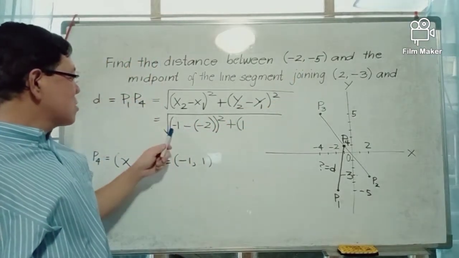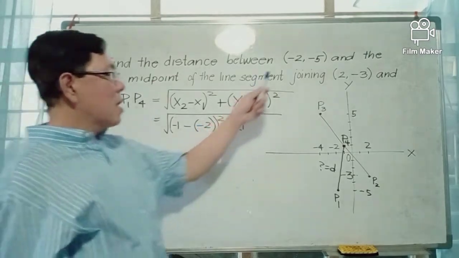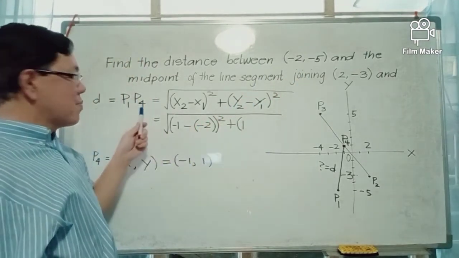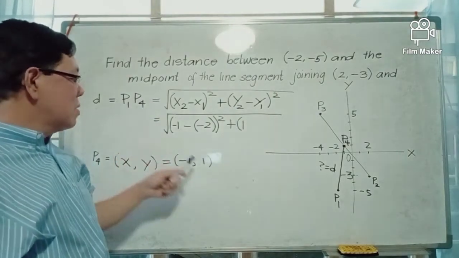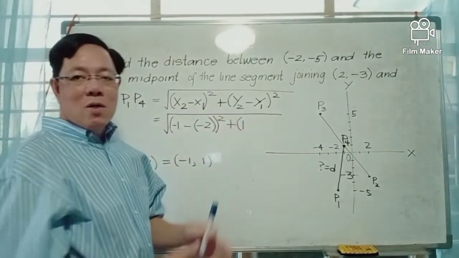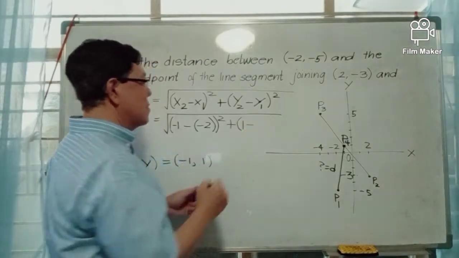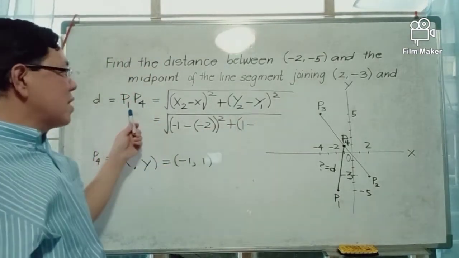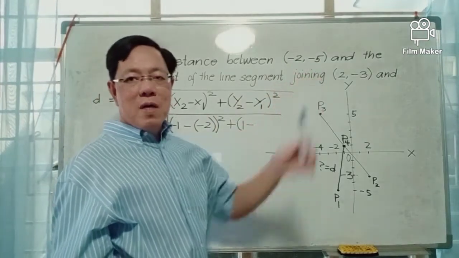We have -1 minus -2 squared, plus the ordinate of our second point P4, +1, minus the ordinate of the first point P1, -5.